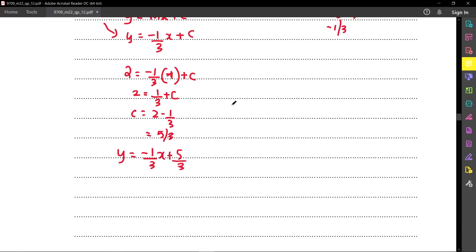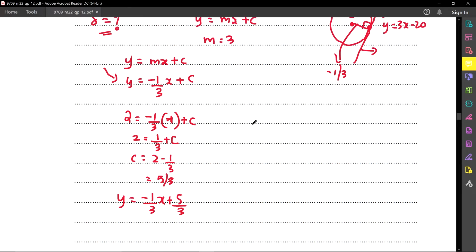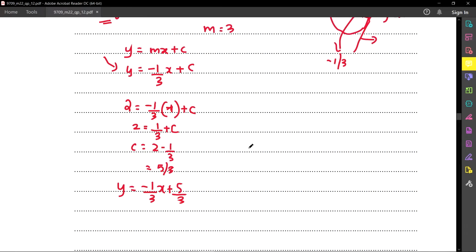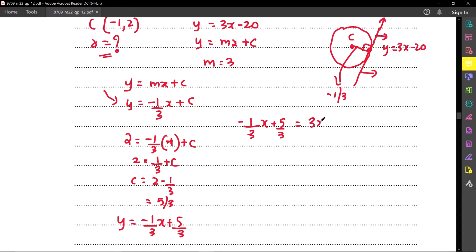Now this radial line and the tangent are intersecting at the point on the circle. You have to find the point of tangency. So -1 by 3x plus 5 by 3 equal to 3x minus 20. So get the -1 by 3x to the other side and 20 to this side.